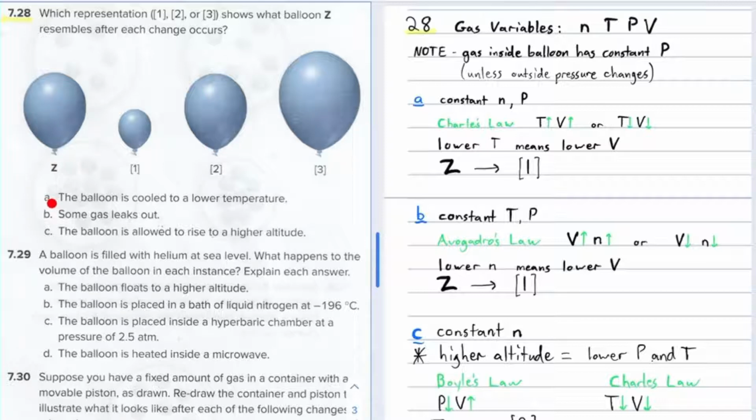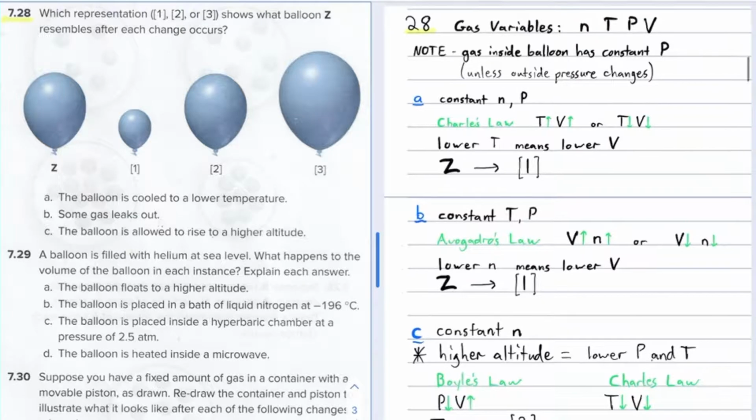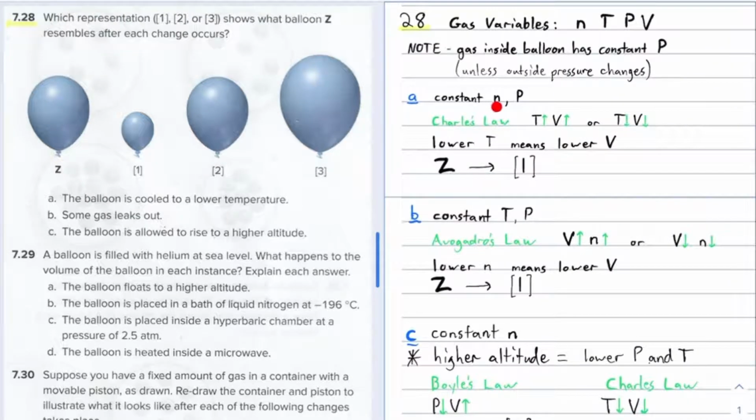The first one, A, says the balloon is cooled to a lower temperature. So you have a gas inside of a balloon. It looks like the balloon's tied, so you're not changing the number of moles of gas. And it's in a balloon, so you're not changing the pressure. The moles and the pressure are held constant. Well, that's a Charles' law situation.